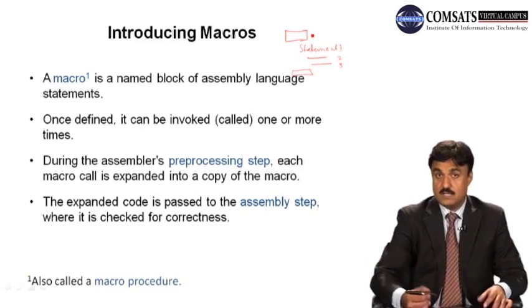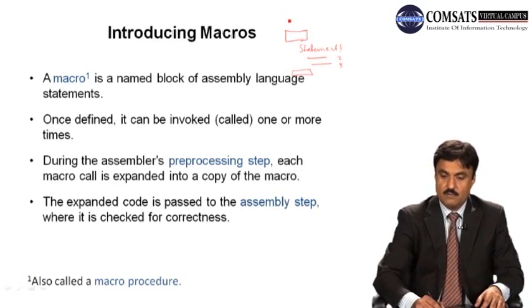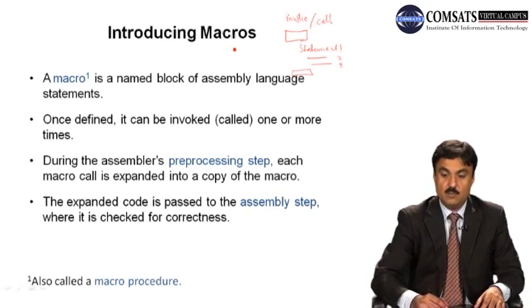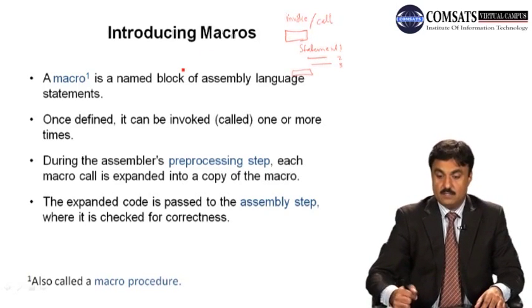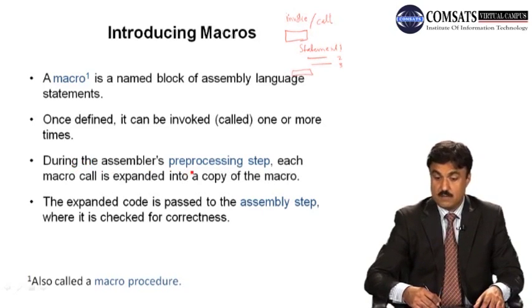There is one specific method for how we can call this. We do not use invoke, and we do not use call, but for these macros we just directly write the name of the macro. You will see in the next slide how we can define macros and how you can call them. During the assembler's pre-processing step, each macro call is expanded into a copy of the macro.